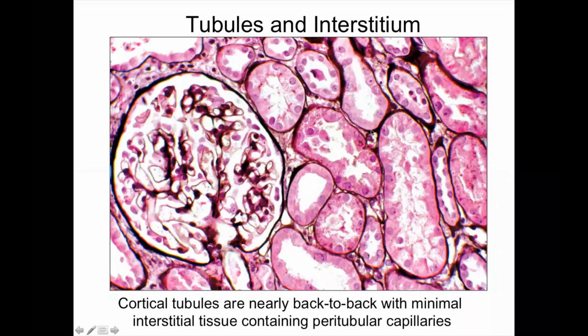This is how it should look like في الكورتكس. إن إحنا عندنا الجلوميرولس وحوالينها أصدقائها التوبيولز, إنزين, and they are back to back with very minimum space اللي هو مال الانتستيشال compartment.